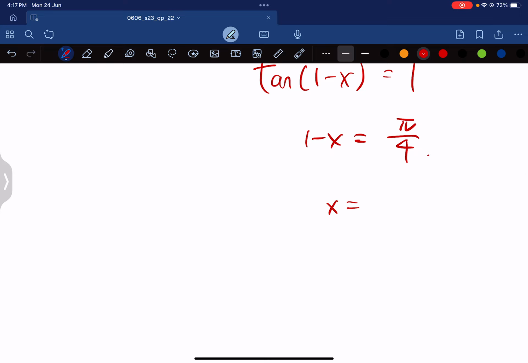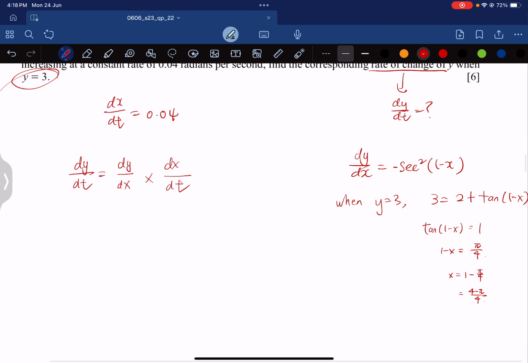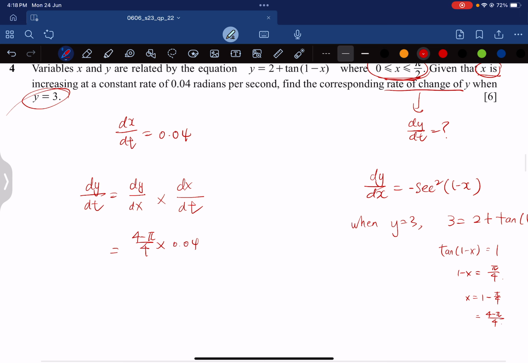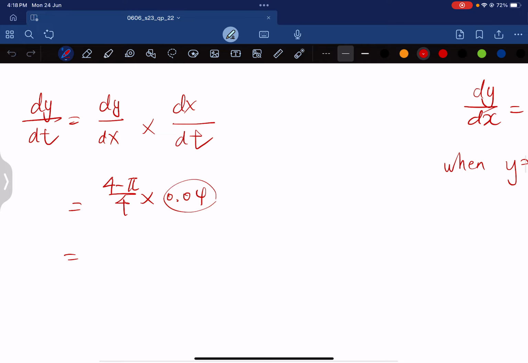So x would be 1 minus pi over 4, which is (4 minus pi) over 4. Times 0.04, which is 4 over 100, gives (4 minus pi) over 100.